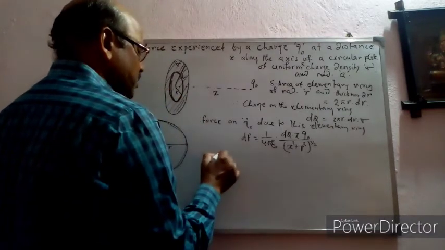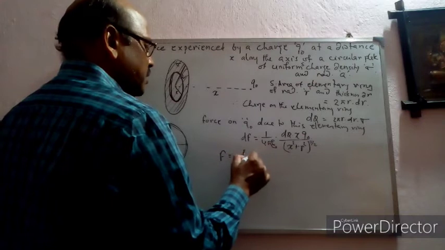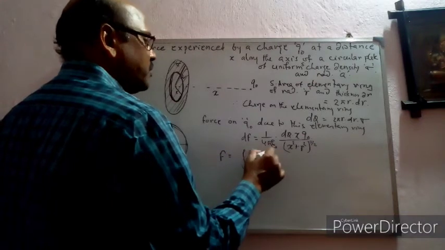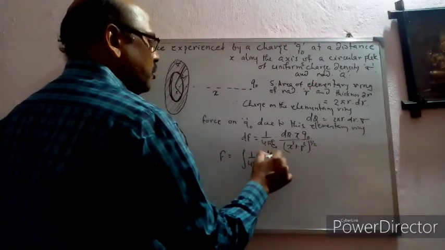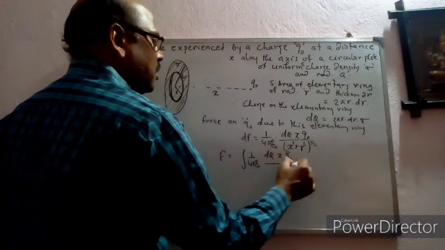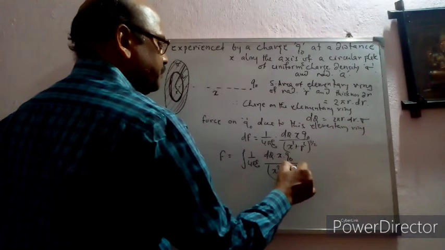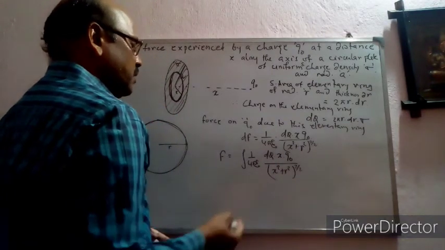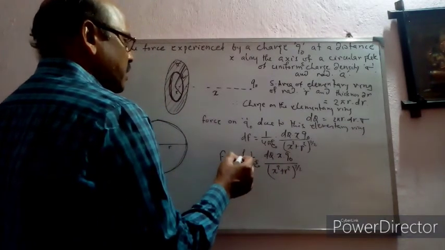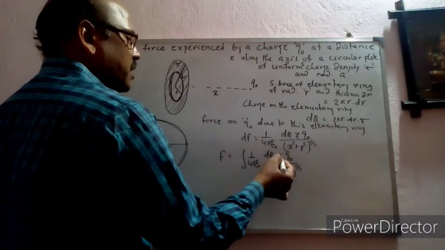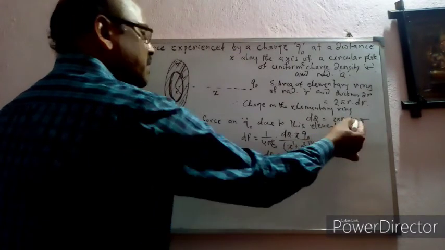Therefore the total force F is equal to the integral of 1 by 4 pi epsilon naught dq x q naught by (x square plus r square) to the power 3 by 2. This we have to solve, where the variable is r.